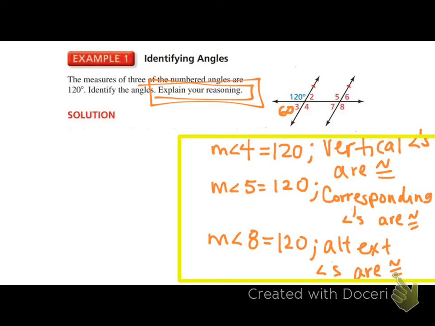So let's highlight in one color all of the angles that we just said are 120 degrees. So 120, we said 4, 5, and 8. So we're doing that in one color. And then in your second color, all of the remaining angles will be 3, 2, 7, and 6.